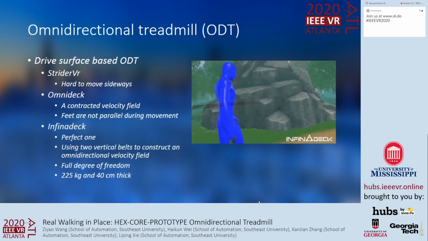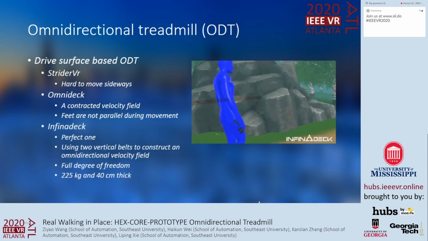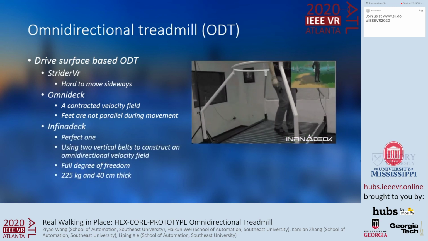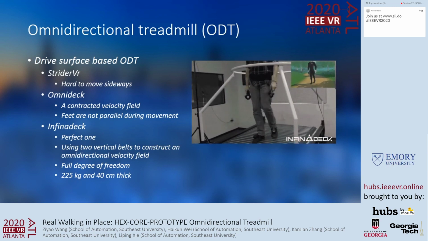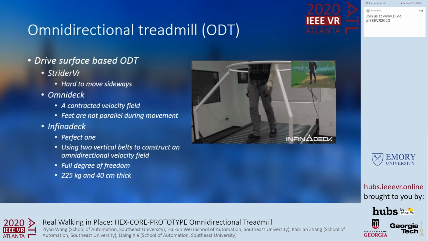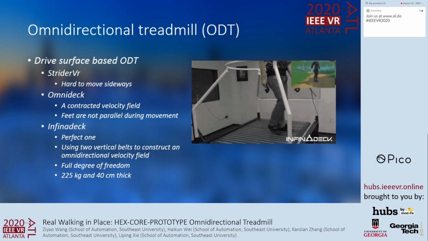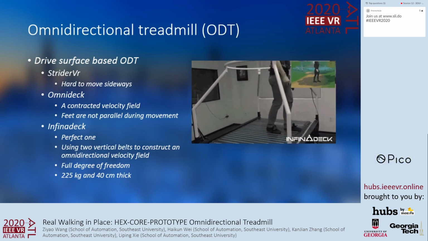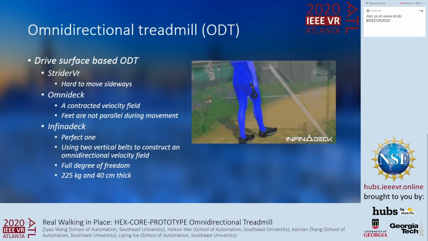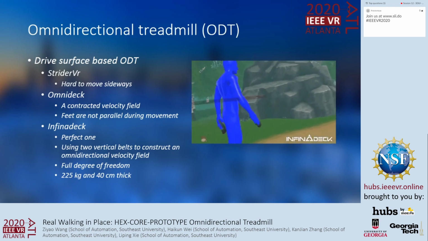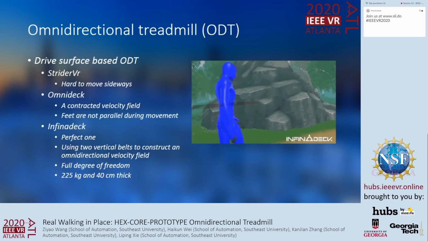The Infinadeck is a perfect one. It uses two vertical belts to construct an omnidirectional velocity field, and has a full degree of freedom. The only shortage is its huge volume. It has 225 kilograms and 40 centimeters thick.